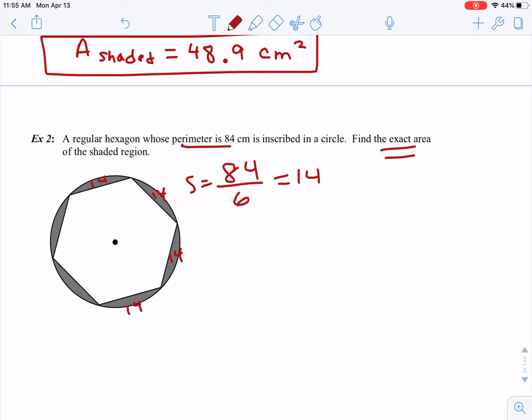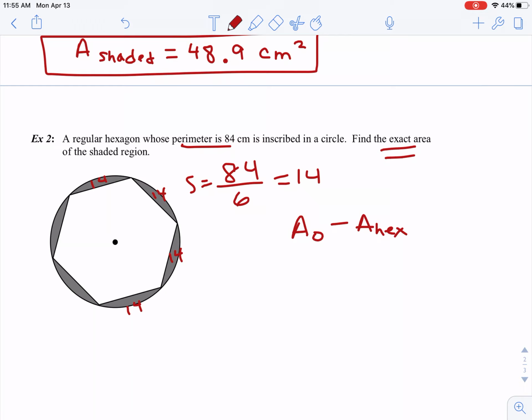So I'm going to set up my big idea. The area of the shaded region is going to be the area of the circle minus the area of the hexagon. Okay? So in order to find the area of the circle, I need to know the radius of the circle, which I don't know yet.